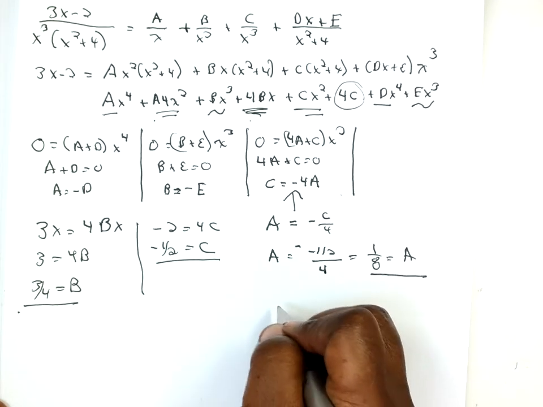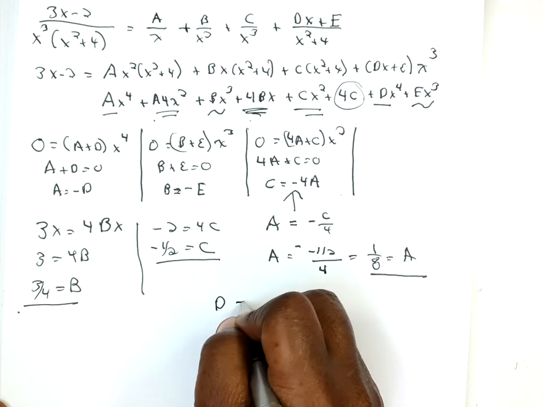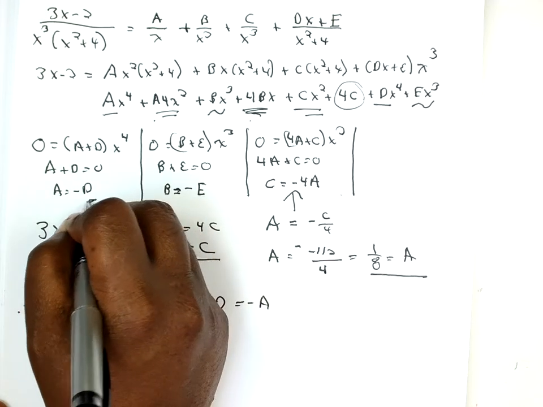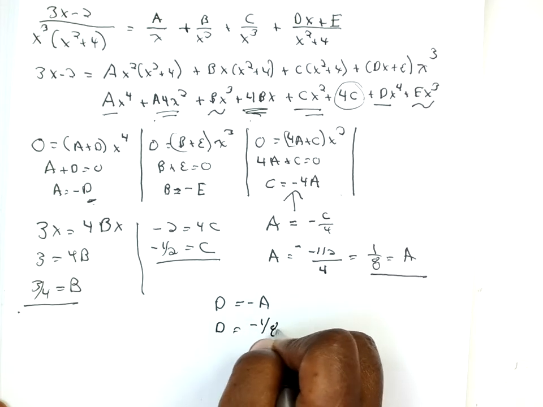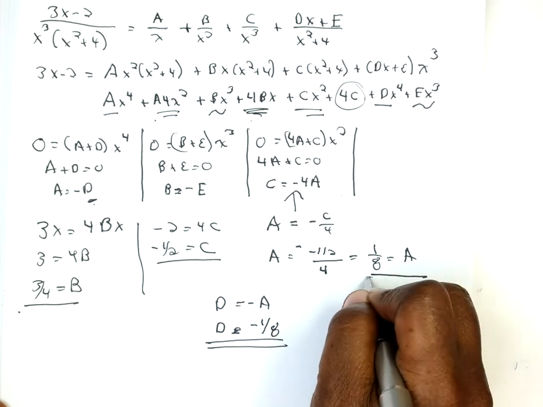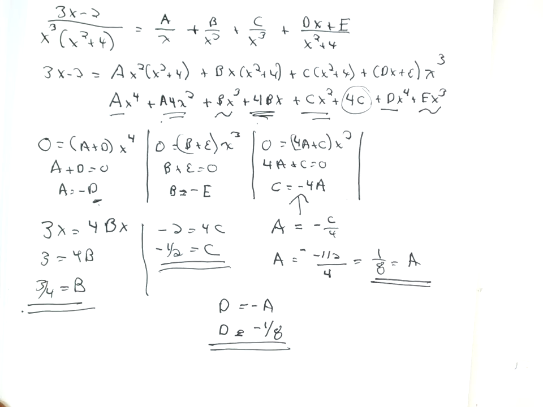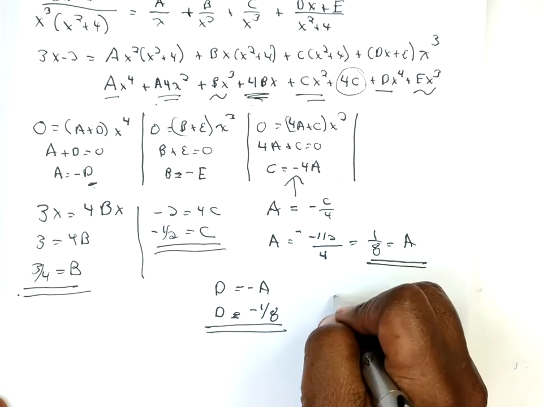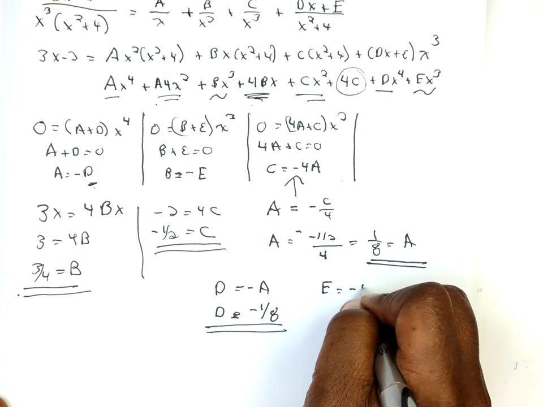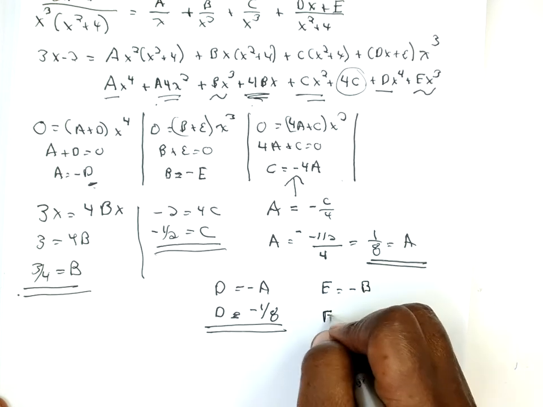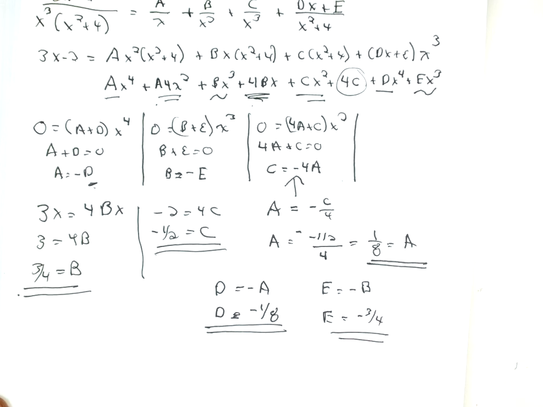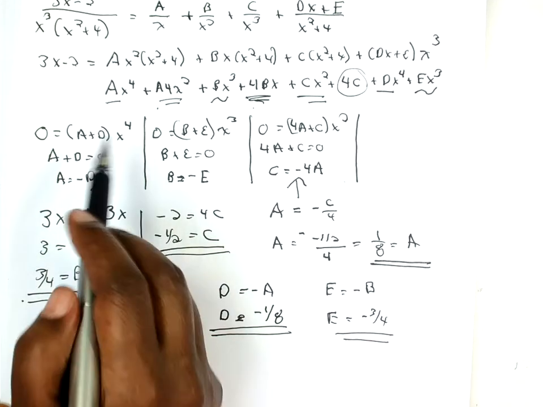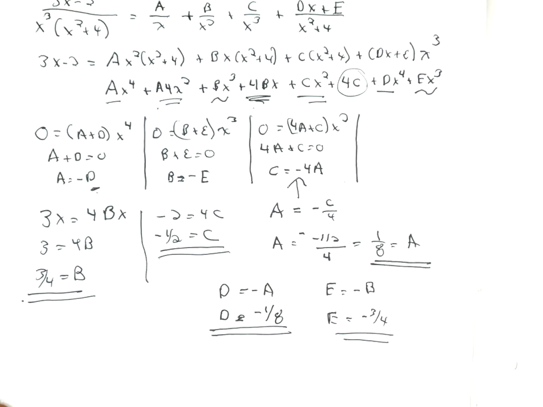D is just going to equal negative A from up here. So D is equal to negative 1/8. So I have that. And then the only thing left is E. And E is equal to negative B. So E is equal to negative 3/4. So I have all the pieces, and then you can just put them back up over each fraction.